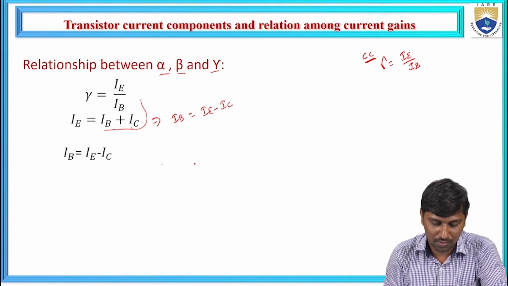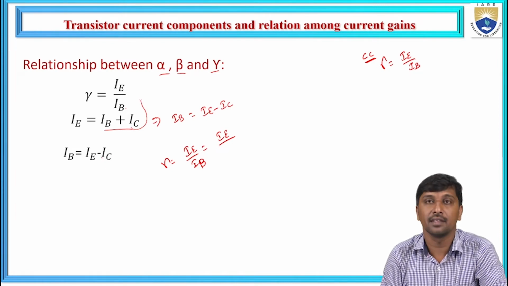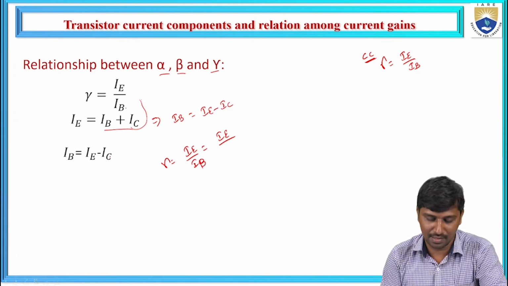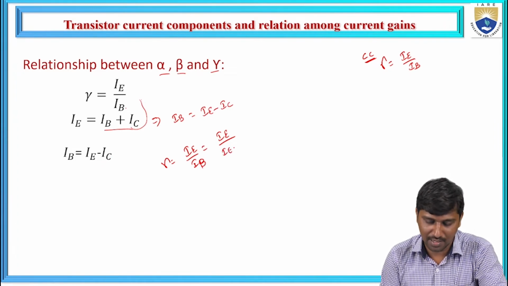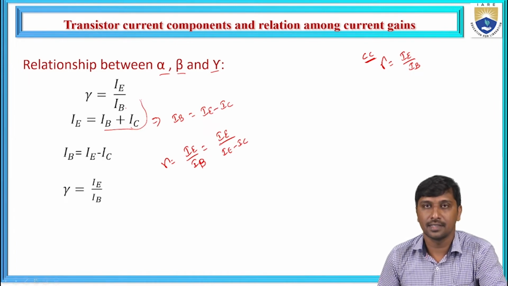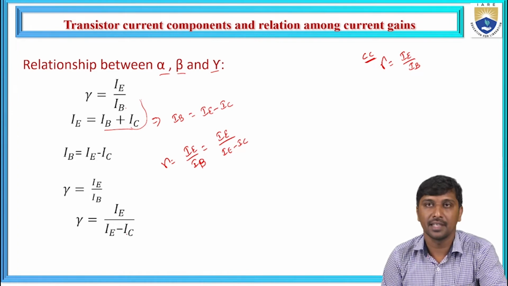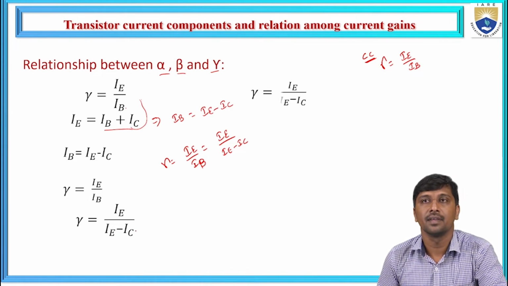So gamma is equal to IE by IB, and IB means the difference between emitter current and collector current. Hence, this is IE minus IC. So here it is represented as gamma is equal to IE by (IE minus IC).